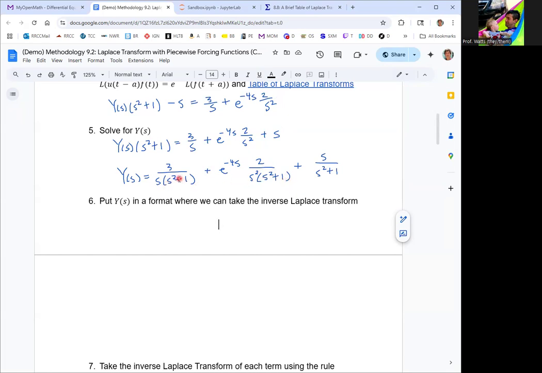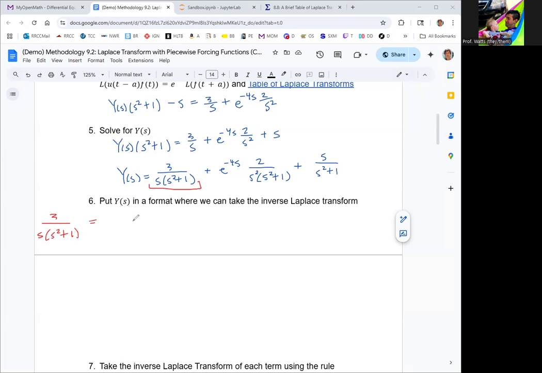So those kind of complicated denominators need to be broken up via partial fraction decomposition. So we'll need to break both of those up. Let's start with the 3 over s times s squared plus 1.